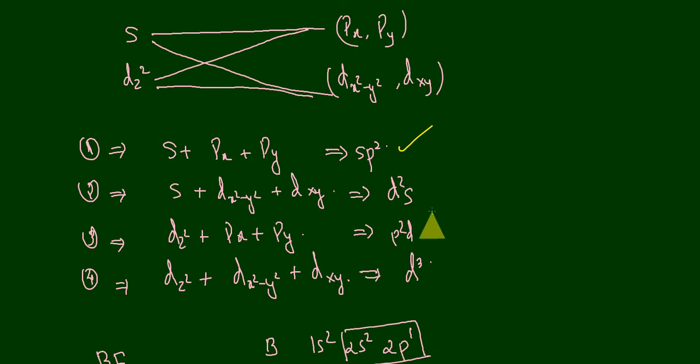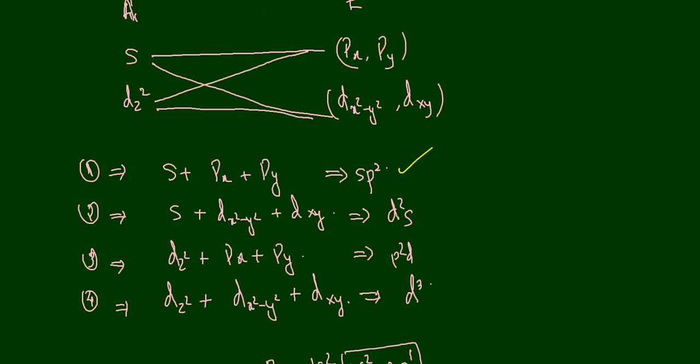That is what we have to understand, and this is what group theory says. Symmetrically, it is possible if the energy and other factors are okay. Then obviously these types of hybridizations may also be possible. This is what group theory can tell us.